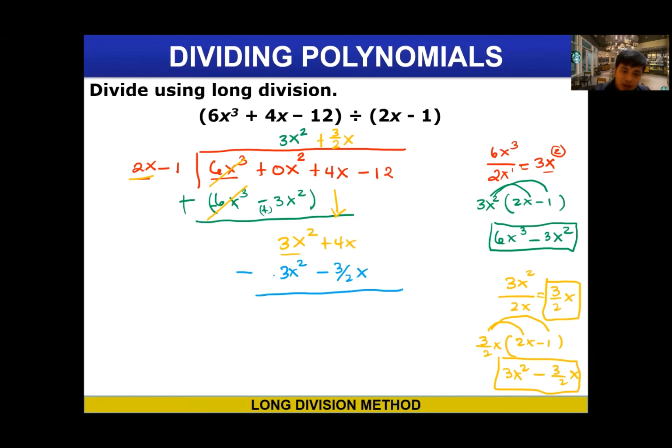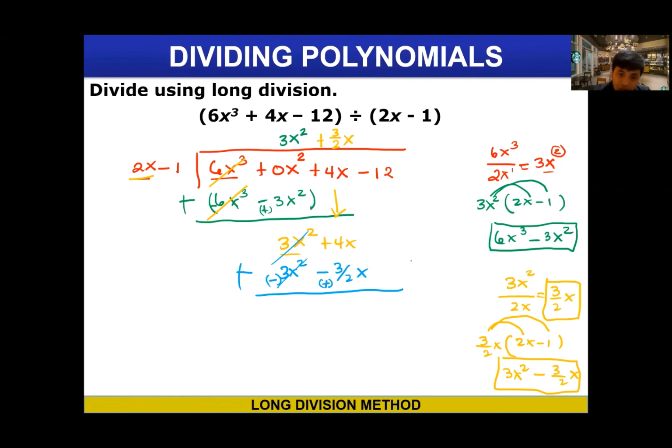And then after that, we do subtraction again. We change the signs: this becomes negative, this becomes positive. So then add. Now, cancel this out, and we perform the addition here. Adding 4x plus positive 3 halves x, what will be our answer?